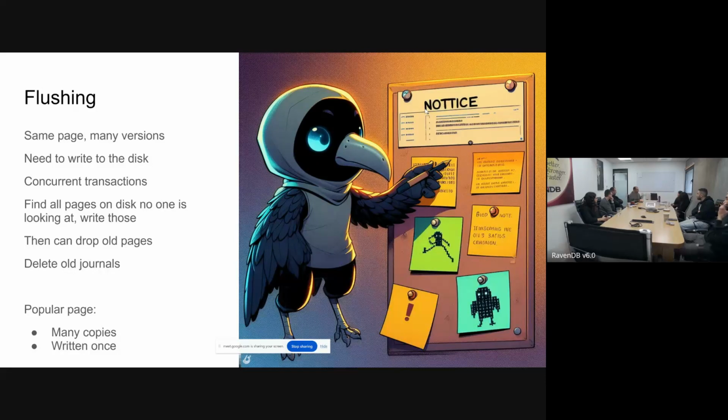Now we write to different pages, but it's not really useful. So the flushing operation is done in a background thread that is global to all of the Voron instances in the process. And the reason we do that is so we can limit the amount of concurrency that we use.